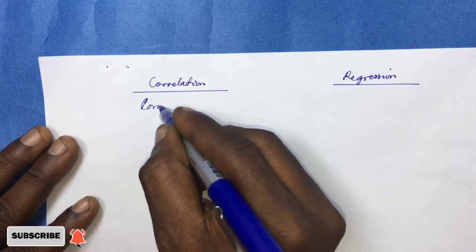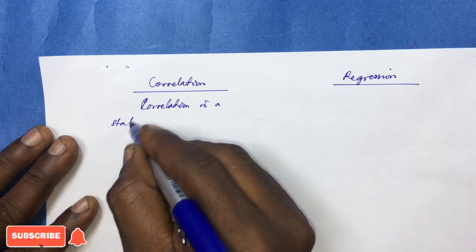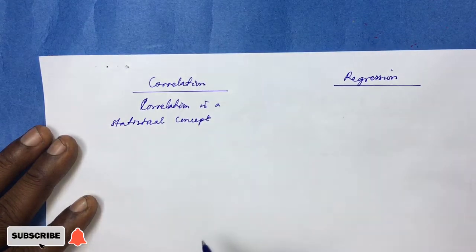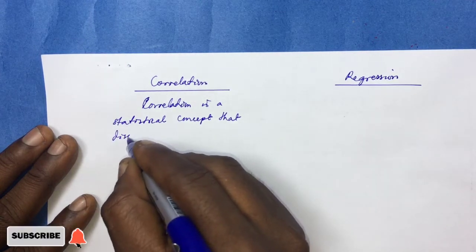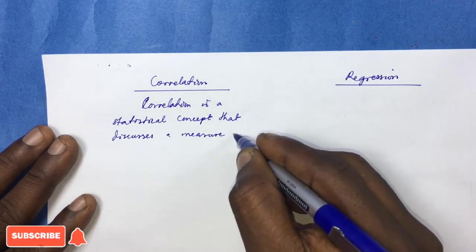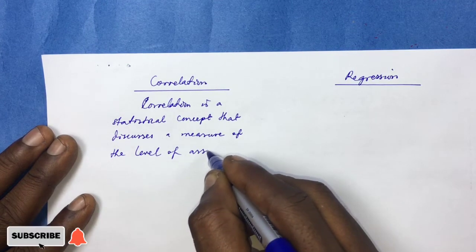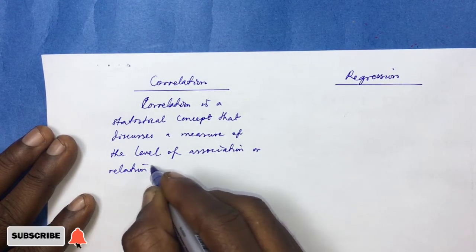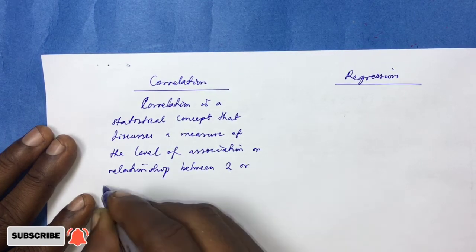Correlation is a statistical concept. Okay? It is a statistical concept that discusses a measure of the level of association or relationship between two or more variables.